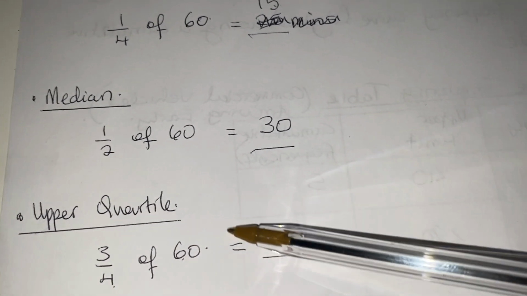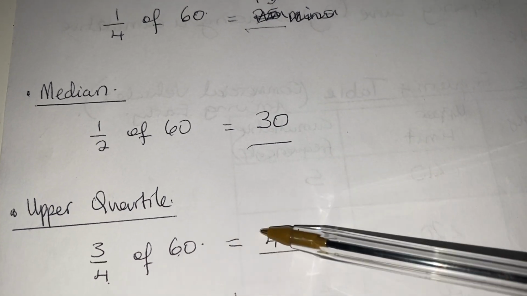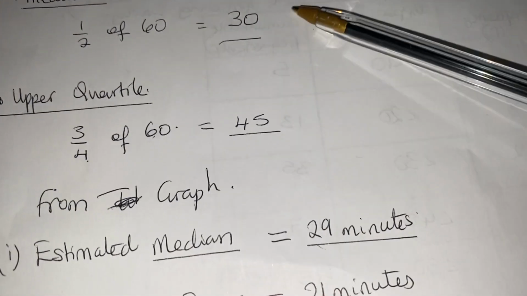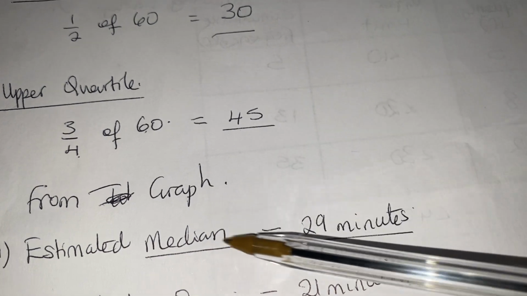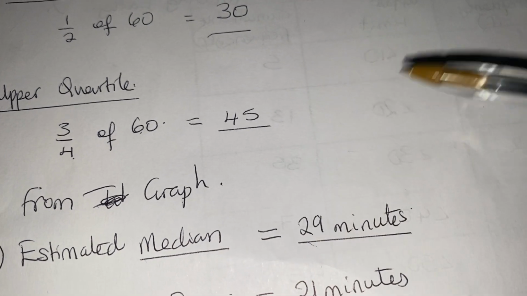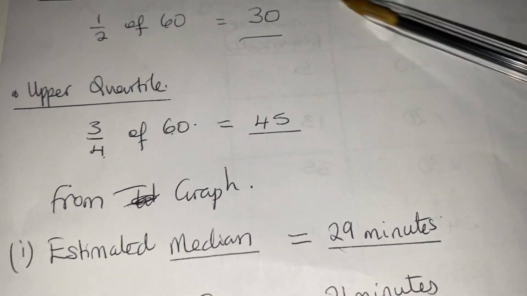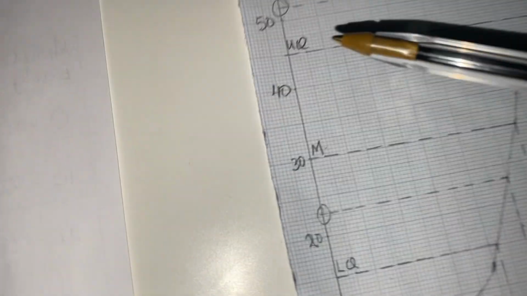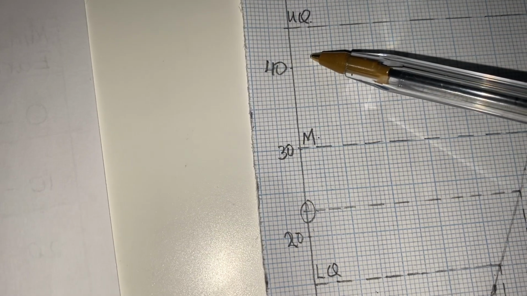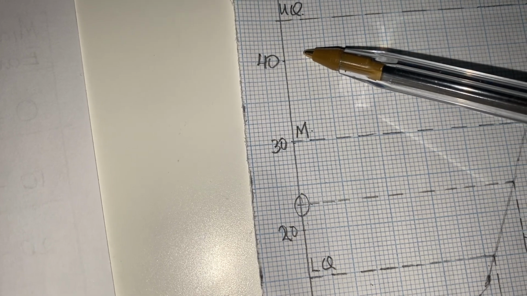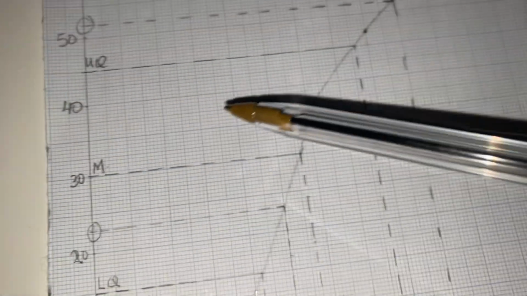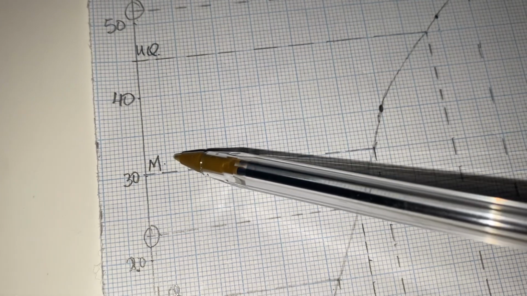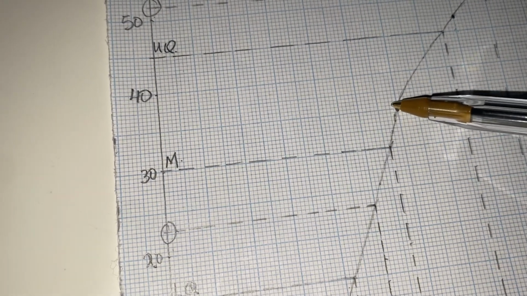The upper quartile is 3/4 of 60, which is 45. So from the graph, the estimated median, not mean please, median, let's go back to our graph.